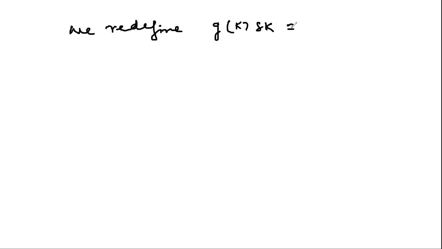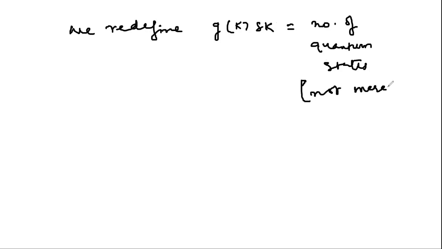We define it to be the number of quantum states. When we label them as the number of quantum states, then they are not merely k states. How do we mathematically do that?